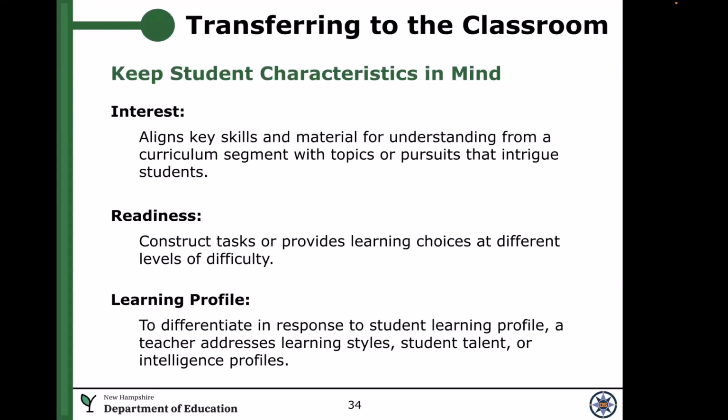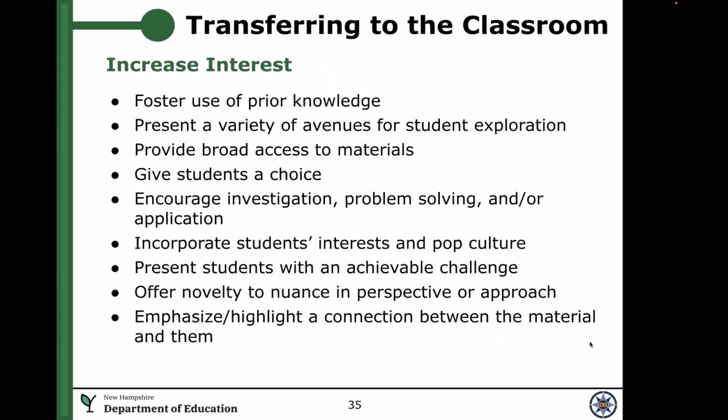We need to make sure that we're teaching in ways that we know students are learning now. It's harder and harder to do that, so we want to keep up with the best ways in which students are learning.